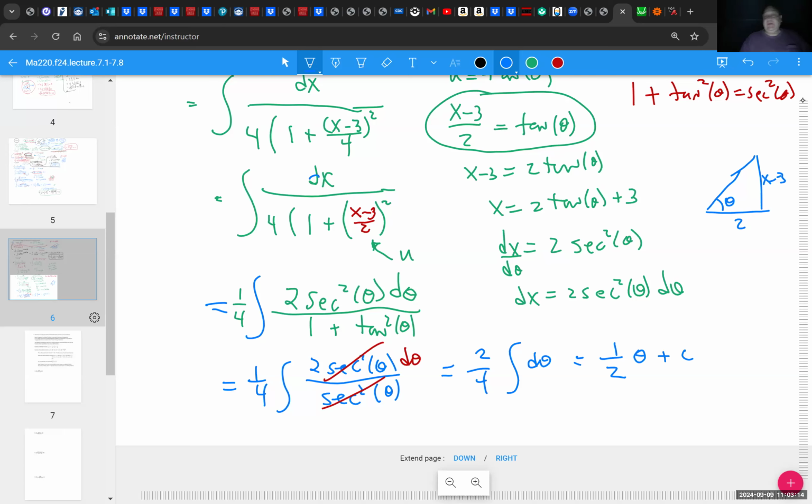We don't have sine, cosine or cotangent, we just have theta. So we don't really need the triangle for this problem. We just need to solve for theta. I did that on the very first problem, but let me remind you real quick how to do it again.